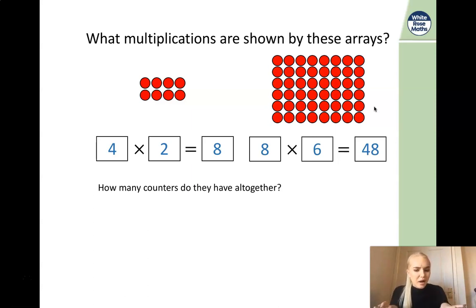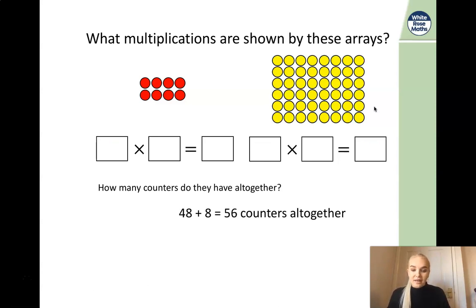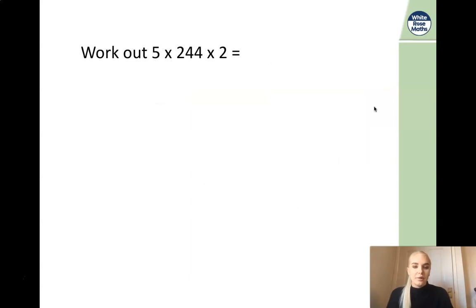But how many are there all together? Did you manage to work it out? Fantastic. We will be working out 48 add 8. And the answer to that is 56. So there are 56 counters when you add the red and the yellow all together. Great work, Year 4.